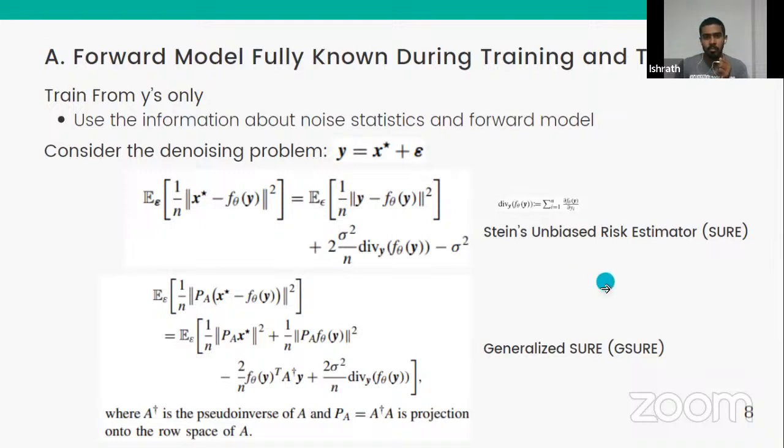So this model is not interpretable. It doesn't make sense how it's going to work in a more general way. It may work for a denoising problem, but it is hard to generalize it to a more complex reconstruction problem.